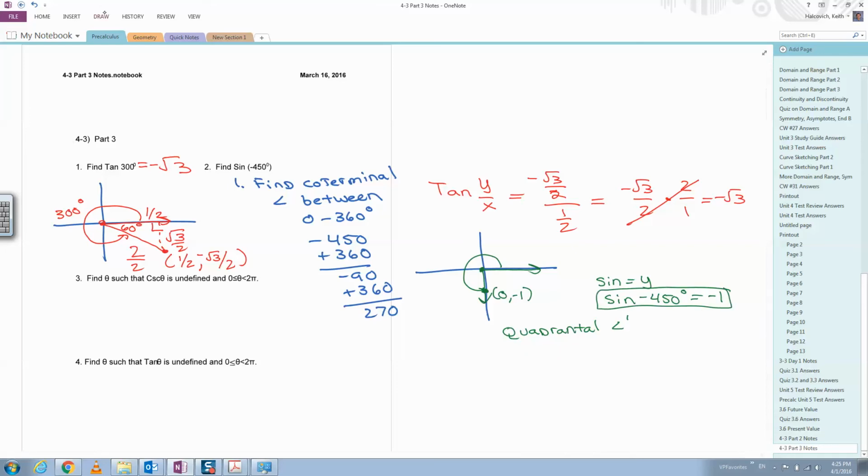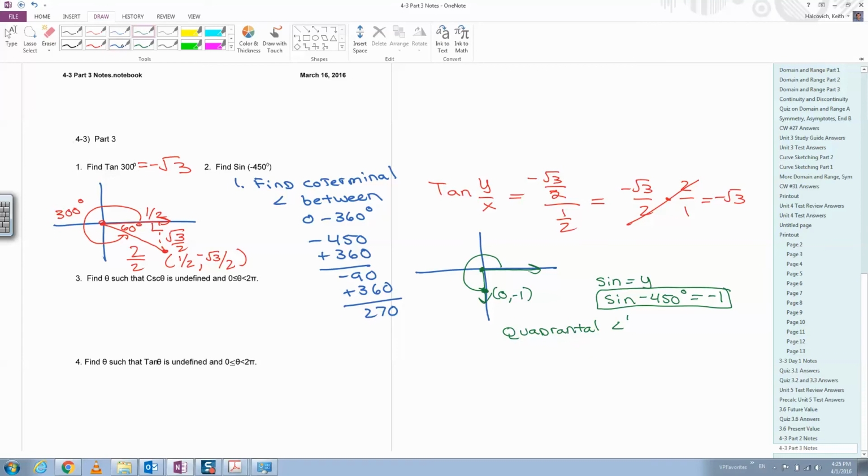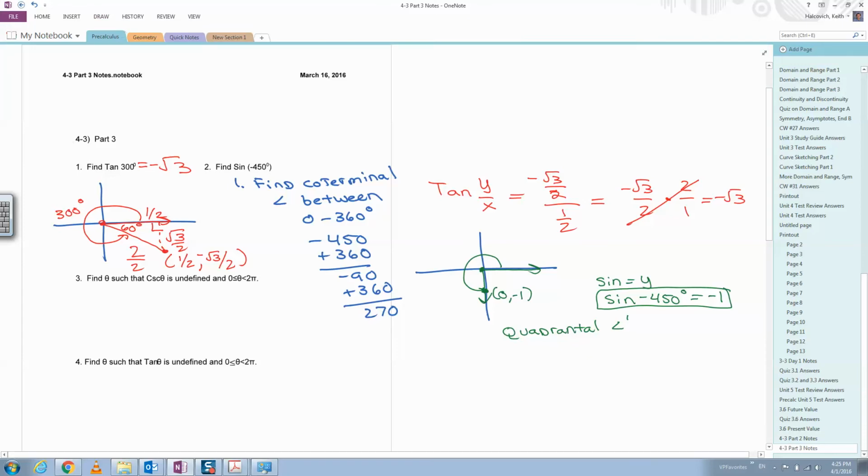All right, next problem says to find theta such that cosecant is undefined, and theta is between 0 and 2 pi, which means that we're trying to figure out where the cosecant is undefined between 0 and 2 pi or 0 and 360 degrees.